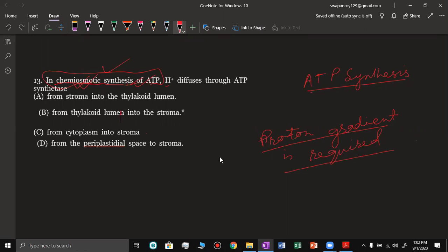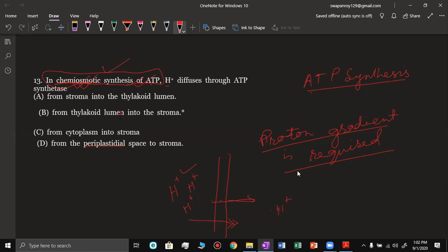That is, at one side there will be a very high amount of protons, and on the other side there will be no proton or very little. So a gradient is required, and during this chemiosmotic synthesis, the protons move through the membrane from the higher concentration to the lower concentration.